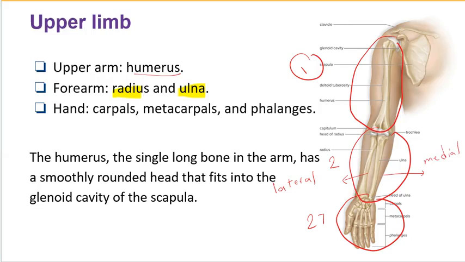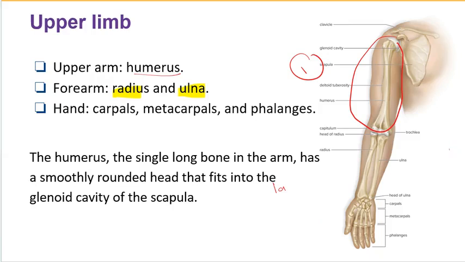What about the hand? We can divide the hand region into three parts. We have the carpal region, which is the wrist part. Then the palm region is composed of metacarpal bones.